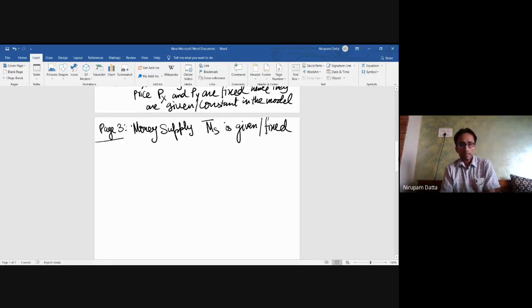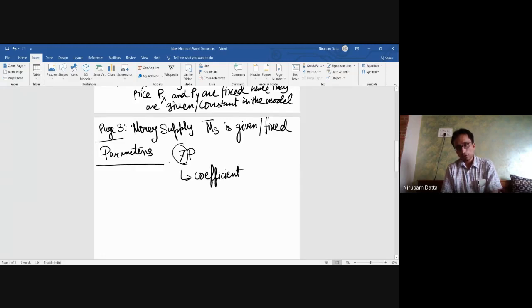Now, next we come to the concept of parameters. Let's say when we write both a constant value, which is 7, along with a variable, we term this 7 as a coefficient of P, the variable.